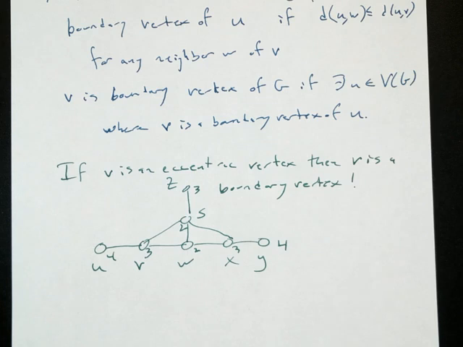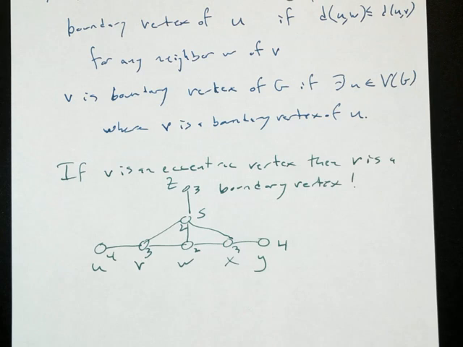Okay. The distance from S to W is 1. Go to any neighbor of W. If you go to S, the distance to S is 0. I got closer. If you go to V, the distance to S is still 1. It isn't further away. The distance to X is still 1.